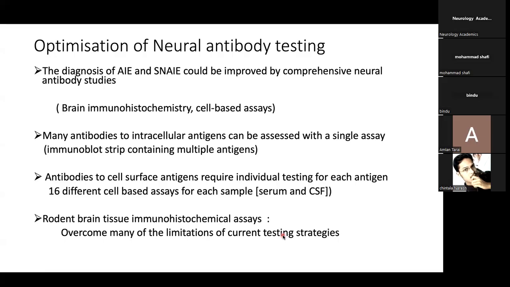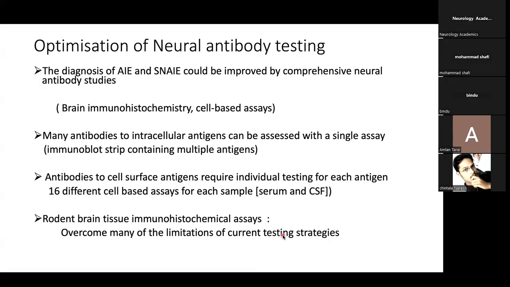The rodent brain tissue immunohistochemical assay is a new diagnostic method that overcomes many of the limitations of the current testing strategy.